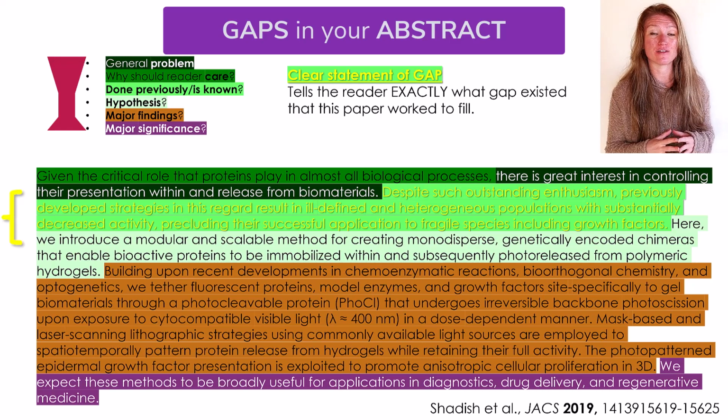And notice that there is a direct statement in yellow text of a gap that was missing in the field, the gap explaining why your research needed to exist, why you needed to do this work. This is another way we're going to convey the importance of our work. And here in the abstract is a really easy way to do this.